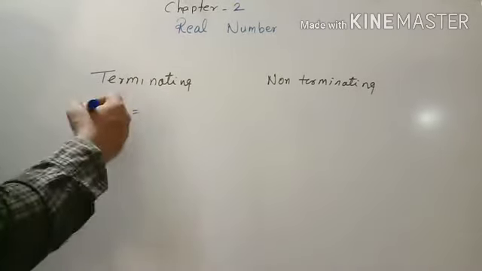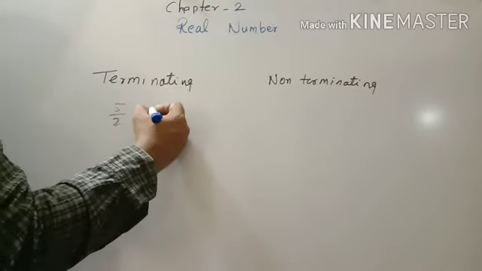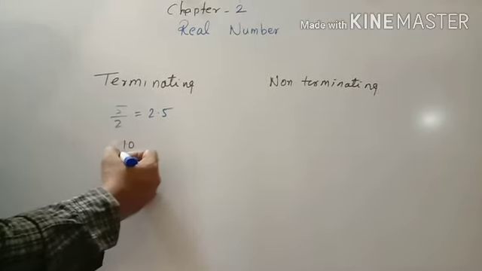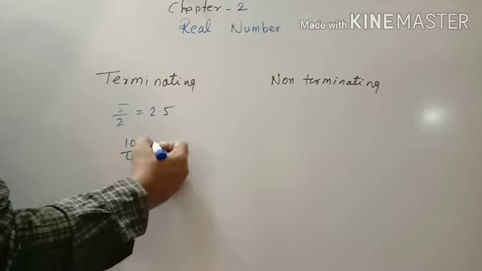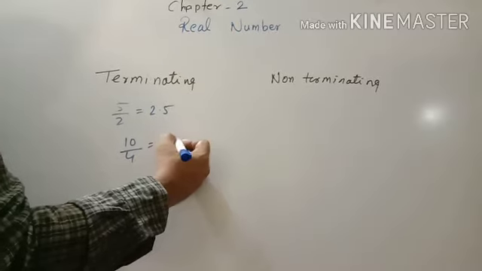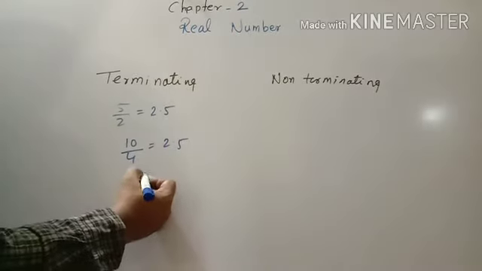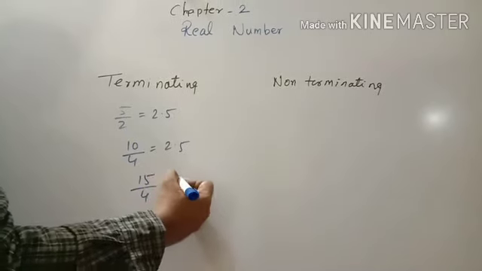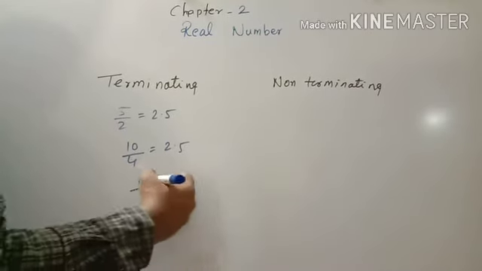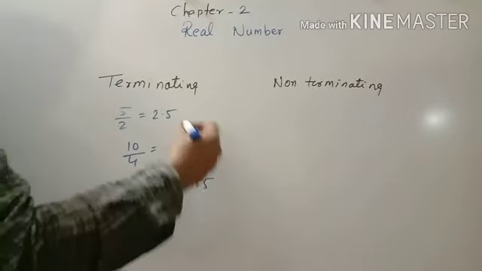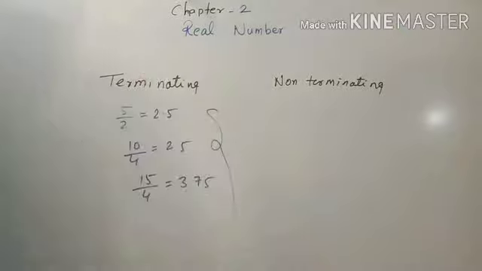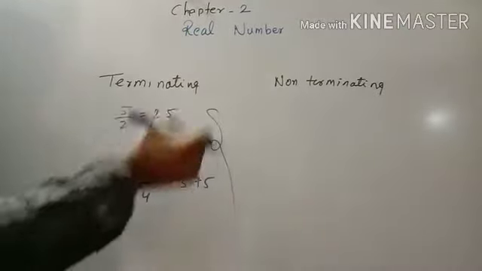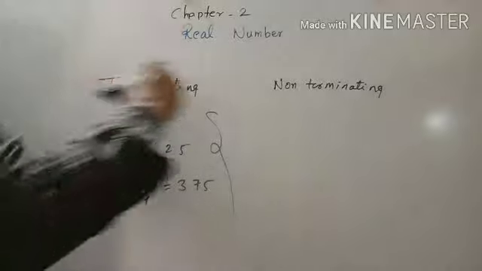If we divide 5 by 2, what answer do we get? 2.5. Here 10 upon 4, the answer is 2.5. All these are terminating numbers, because they terminate at last. Therefore, it is called terminating.